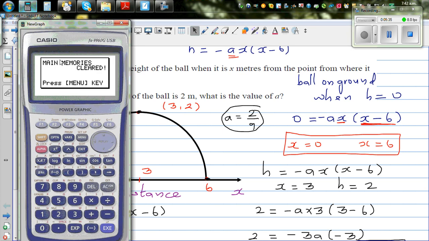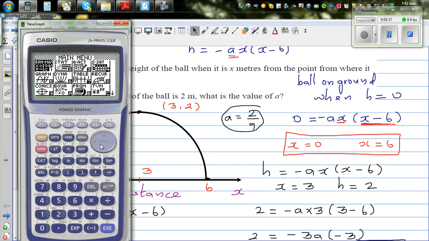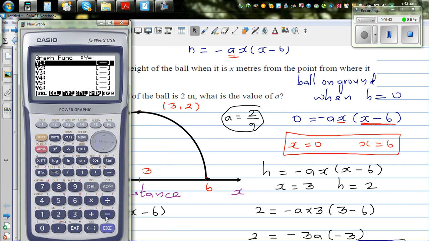So get your calculators out and go to graph, and type in minus 2x times (x - 6) divided by 9.